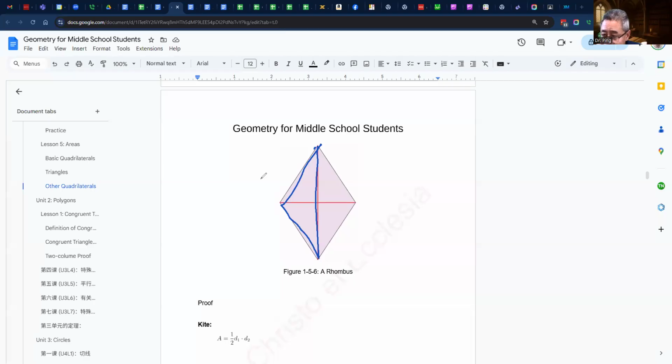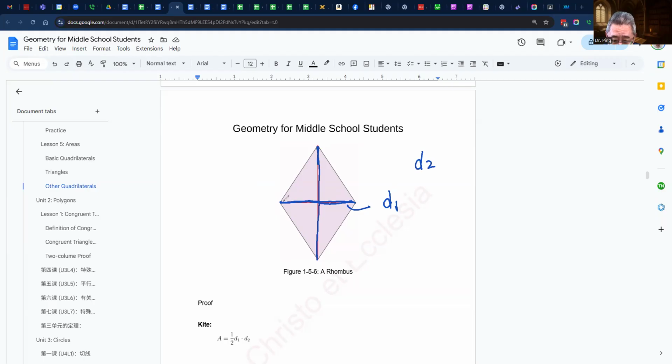So we're going to look at this one here. All right, and this is called diagonal, and this also diagonal. They have two diagonals, so we call the bottom one D1, and the longer one D2.